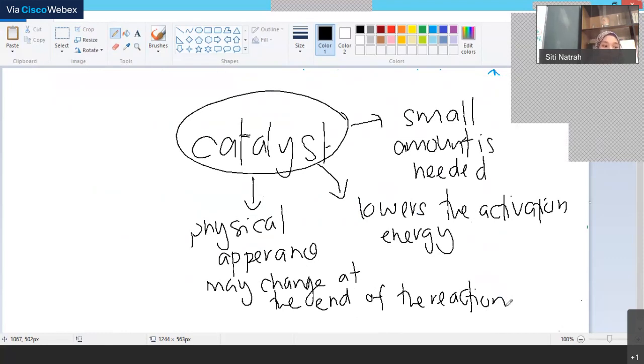So how about the chemical? Ni selalu. Soalan ni kan selalu famous lah dekat exam kita tanya. So kalau dari segi chemical pula, kamu boleh cakap chemical unchanged.